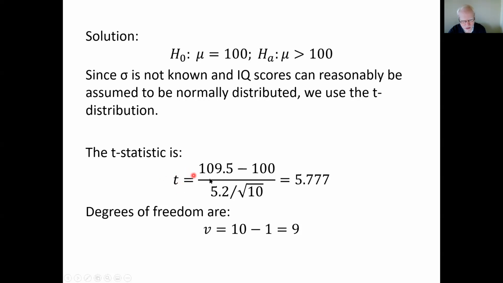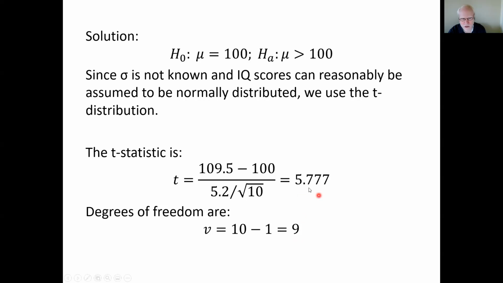And so that's our sample mean minus the population mean from the null hypothesis, divided by the sample standard deviation divided by the root of the sample size. And so we end up with 5.777. We need to find our degrees of freedom to know where to look in the table. And we find that v is equal to 10 minus 1, so is equal to 9, right?